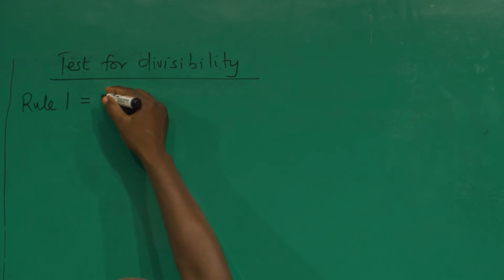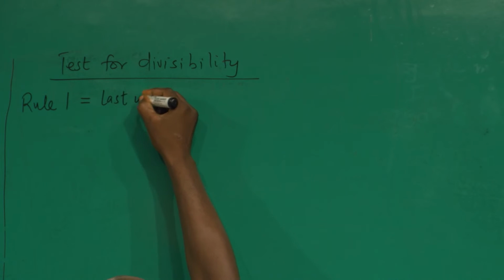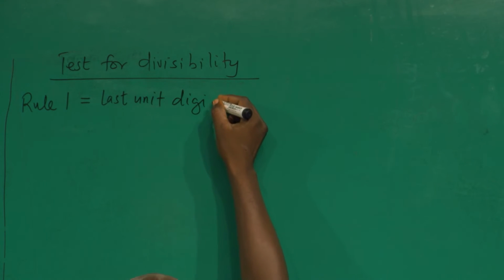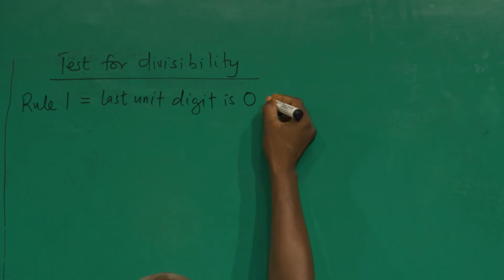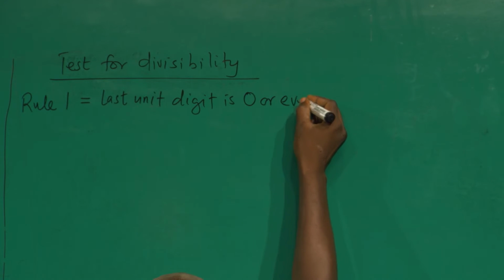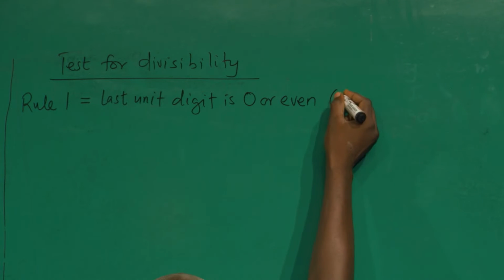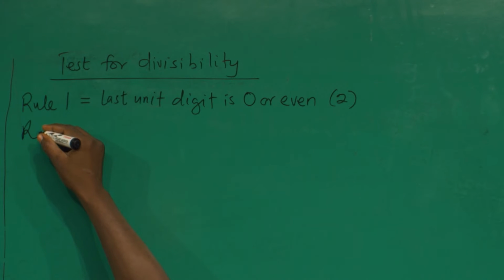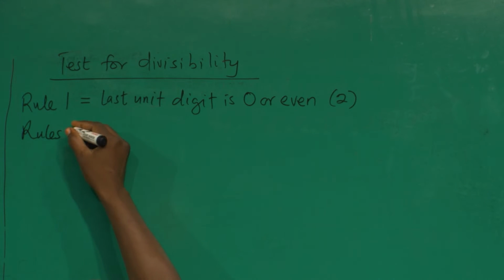So the last unit digit is 0 or even. That is Rule 2.